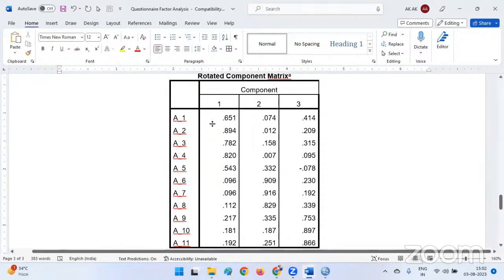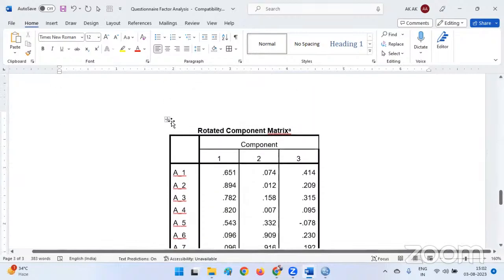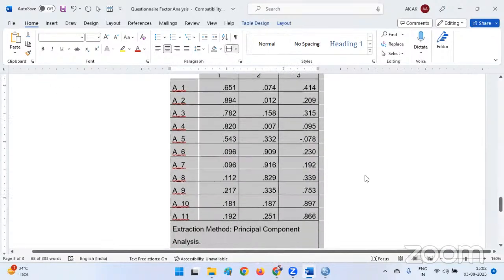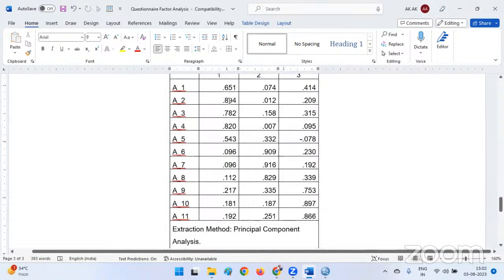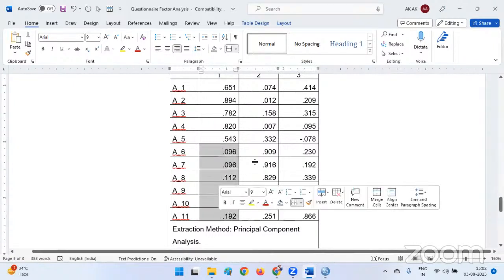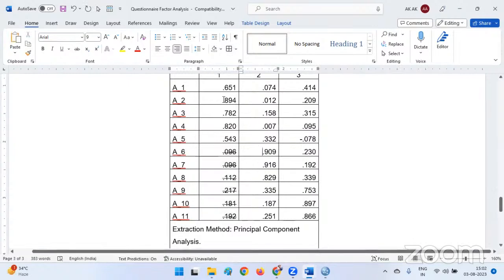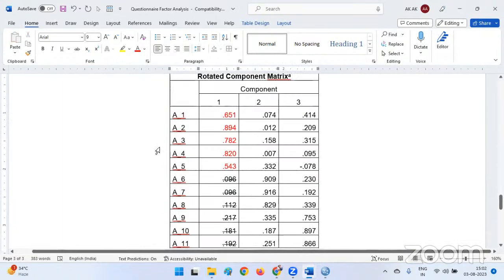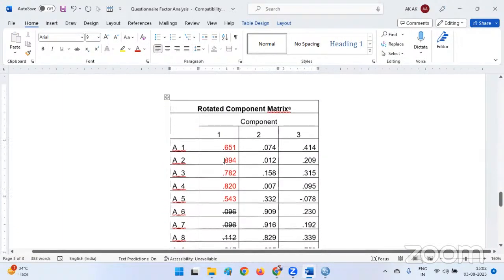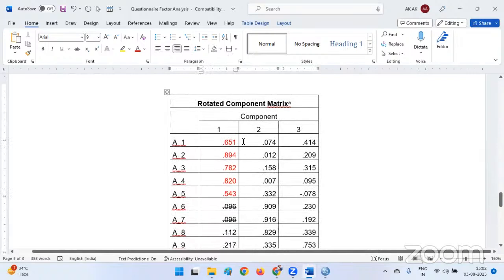If I see a pattern in column 1, I find a pattern of 0.6, 0.8, 0.7, 0.8, 0.5, 0.0, 0.0, 0.1, 0.2, 0.1, 0.2. These values are very low, okay, and these values are high. So I make one cluster, one correlation, because this is called factor loading.